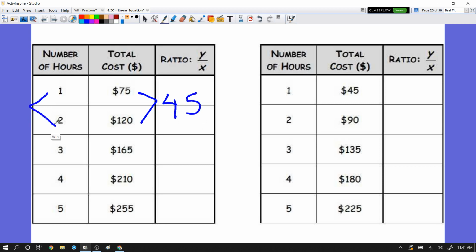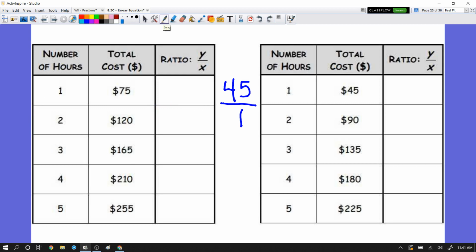And that increased by 1 on your x, so that would be 45 over 1. Okay? Now, here's where you can figure out if a relationship is proportional or not. You find the slope first, which is your change in y over your change in x. So far, we have 45 over 1.